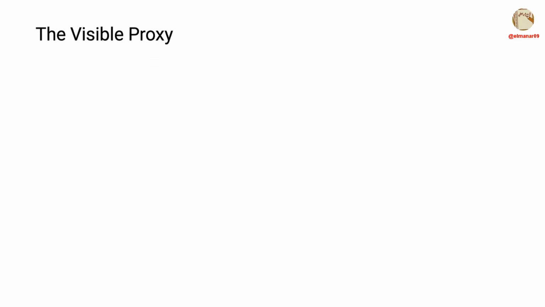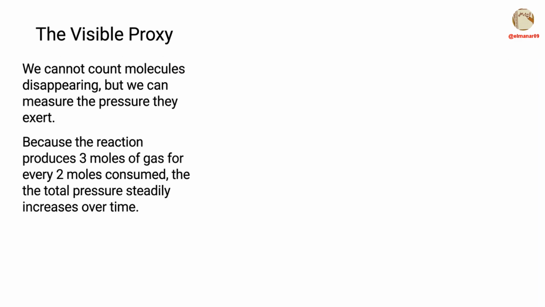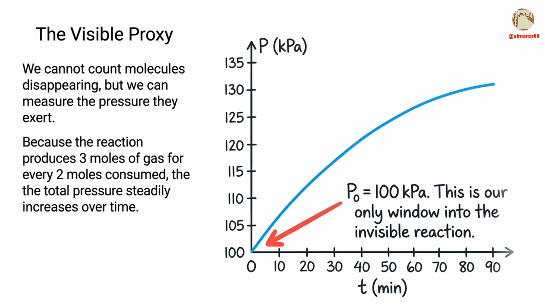Why do we measure pressure? Because we are clever. We cannot see individual molecules disappearing, but we can measure the pressure they exert on the walls of the flask. Think of pressure as a visible proxy for the reaction's progress. At the very start, t equals 0, before the reaction begins, the pressure P0 is 100 kPa.